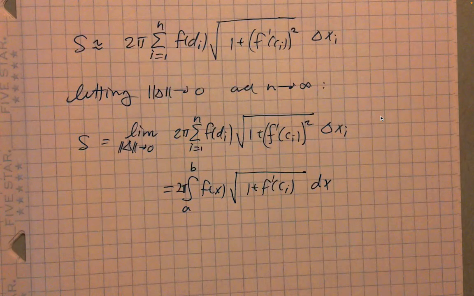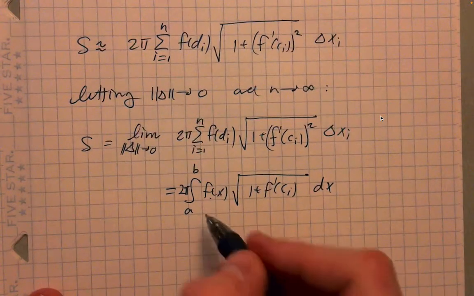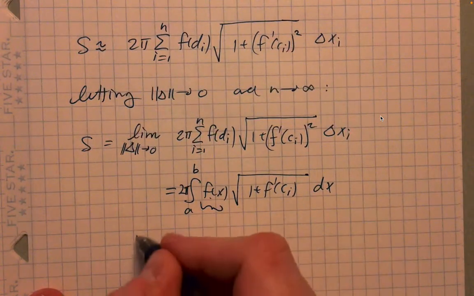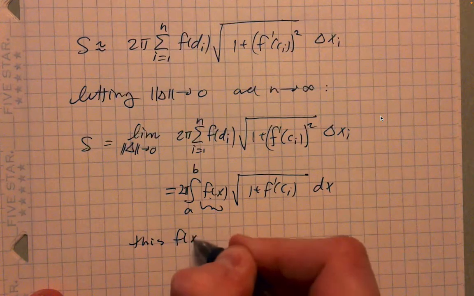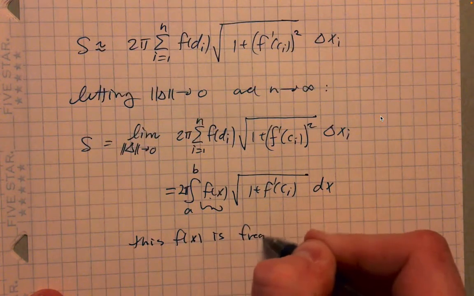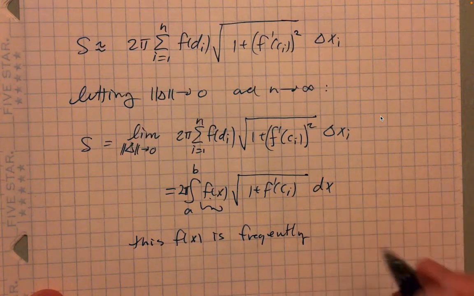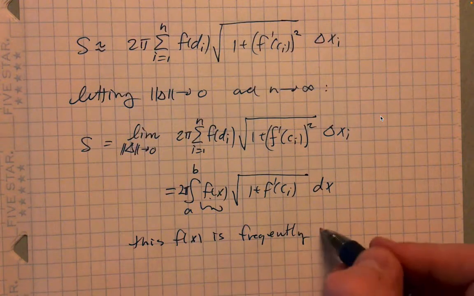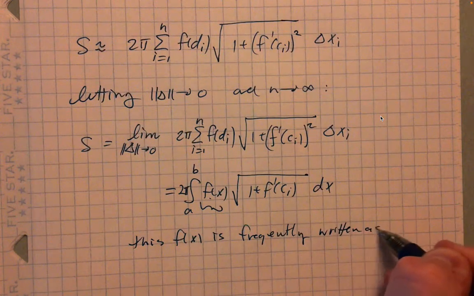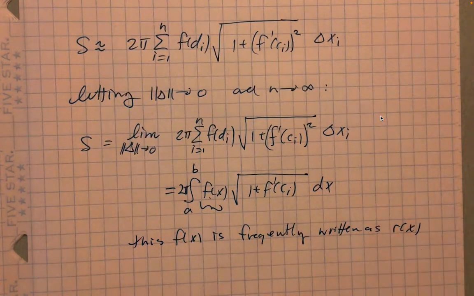Something to note here is that this f of x is frequently written as r of x, just to make things slightly less confusing.